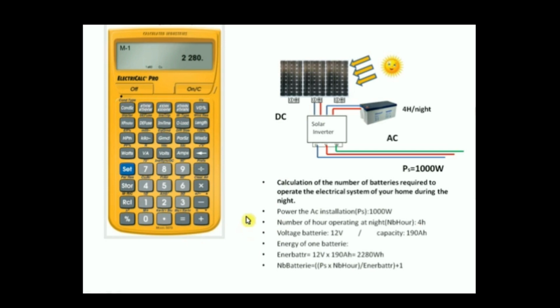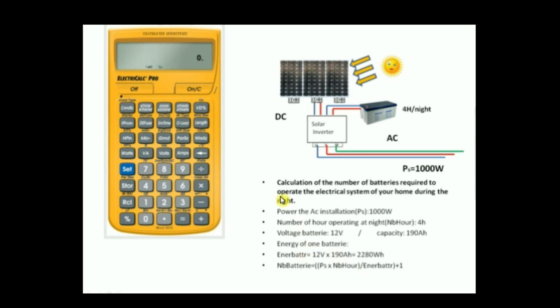The number of batteries of the whole installation is equal to the power of the AC installation, which is 1000 watts, multiplied by the number of hours, which is 4 hours at night, divided by the energy of one battery that we have calculated, which is 2280 watt hours, and all of this plus 1. This plus 1 is to increase the value of the number of batteries.